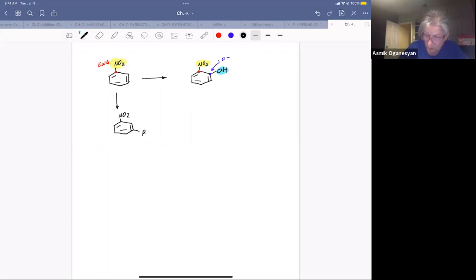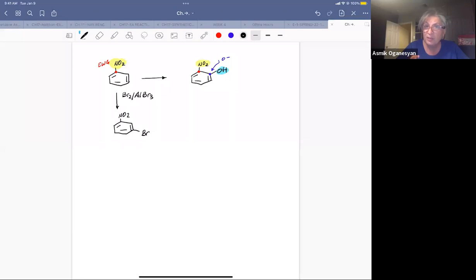And my bromine will go onto the meta position. Okay? So let's see what will happen here. Conditions: we're going to add bromine, aluminum bromide. And now we put bromine onto the meta position.